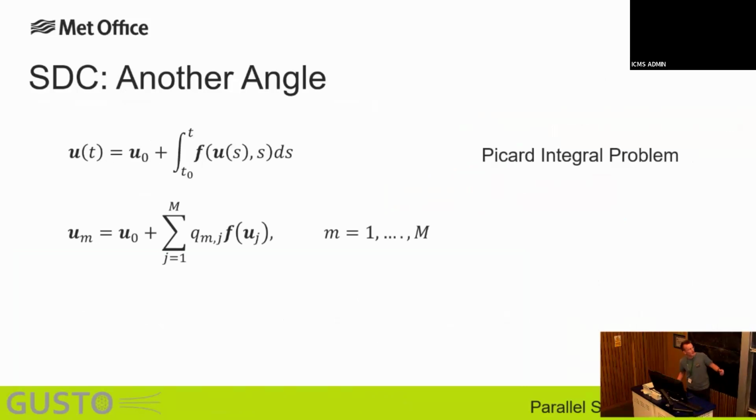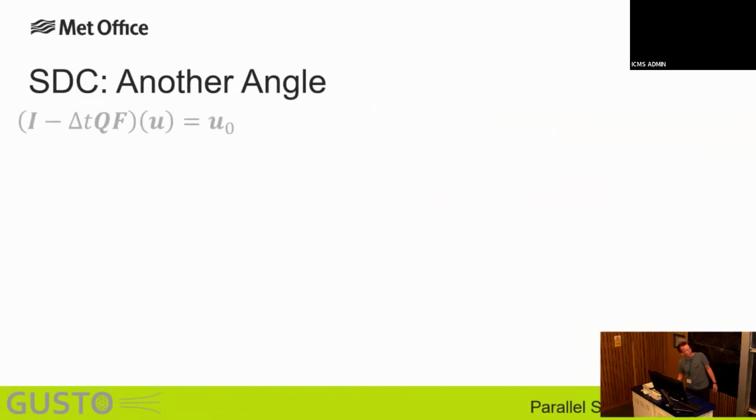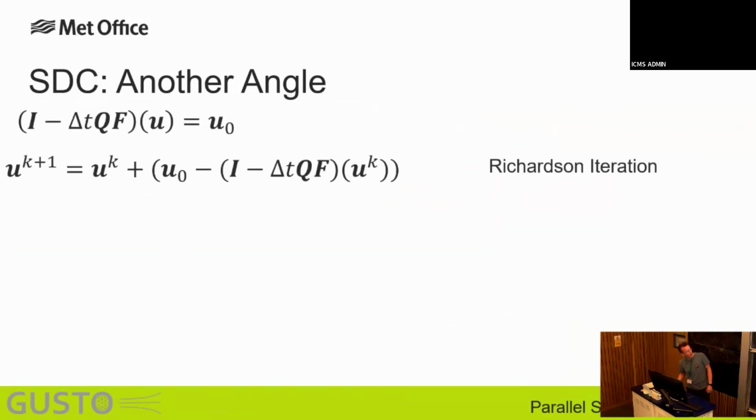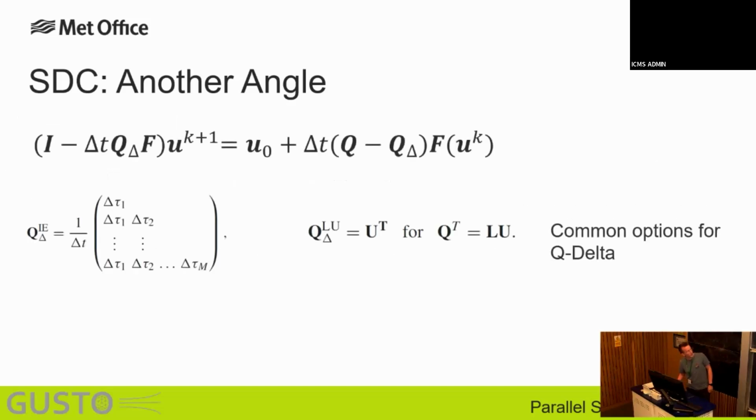Okay, so this is the one that you've seen before. This is essentially you're doing your quadrature, which is like an implicit Runge-Kutta method, and you end up writing it in matrix vector form like this, and you use a Richardson iteration and then precondition it. I'm just going to flick through this, and common choices.